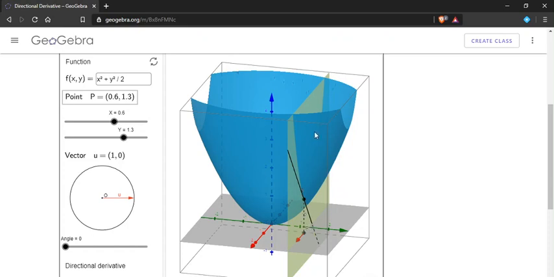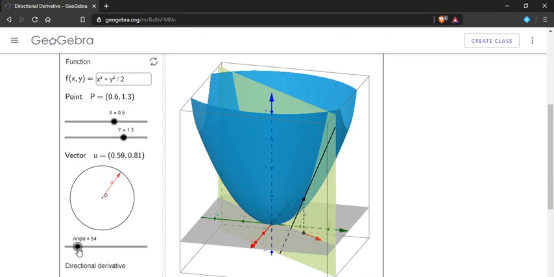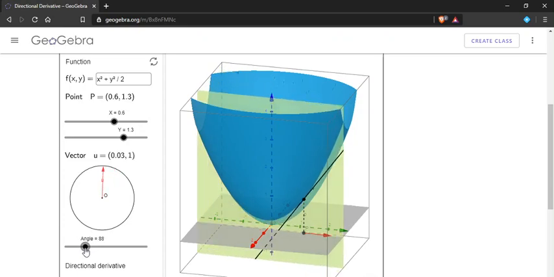Okay, so in this case, what we are getting here is the partial derivative with respect to this axis only. If we want to move the angle, let's move the angle to 90 degrees. And now we have the partial derivative of the function with respect to this axis.